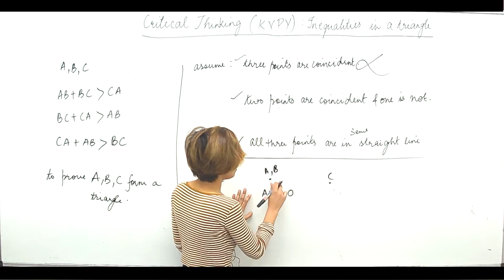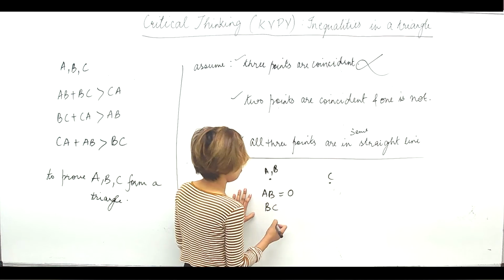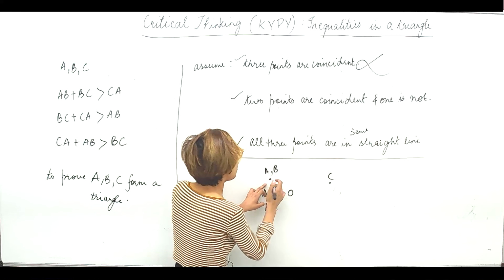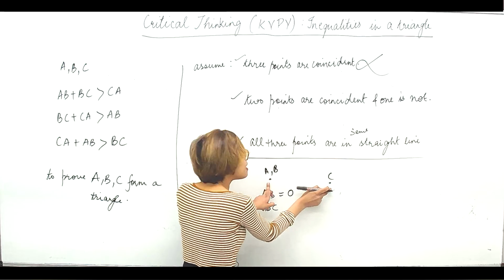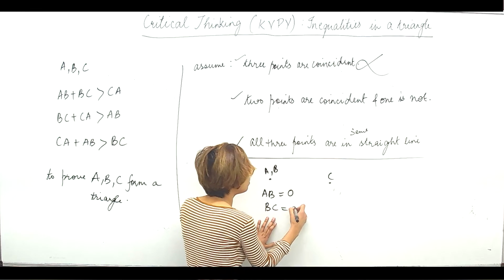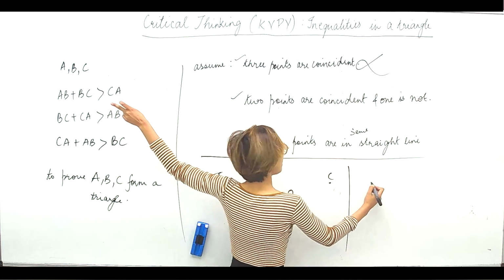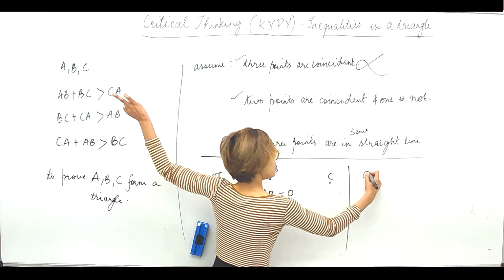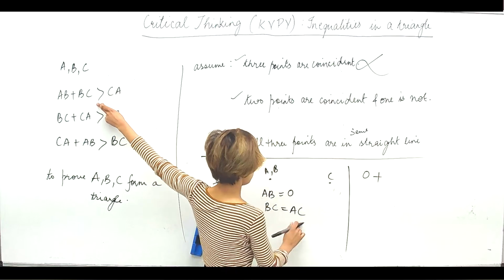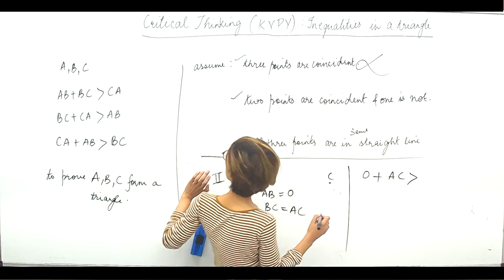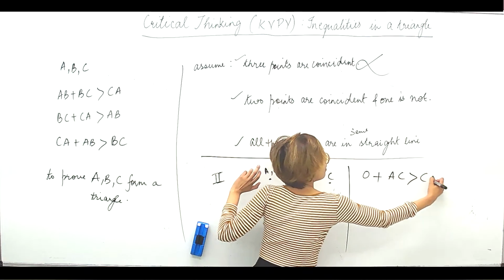Then BC will be BC. BC has the same length as AC. Basically, BC is equal to AC. Now check. He says that AB plus BC, so AB 0 plus BC, which is AC, is greater than AC or CA, whatever you like to call it.